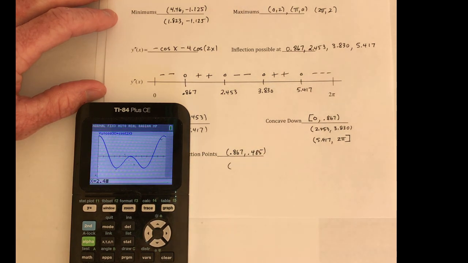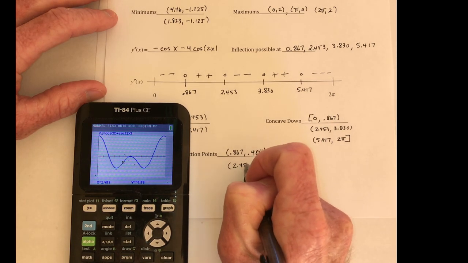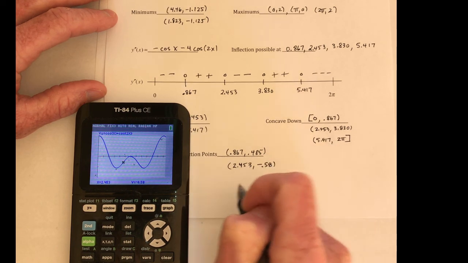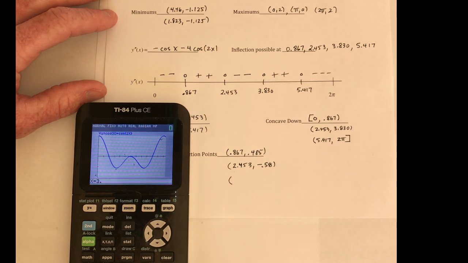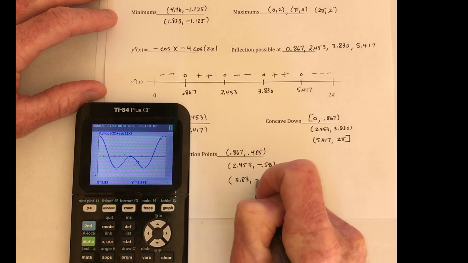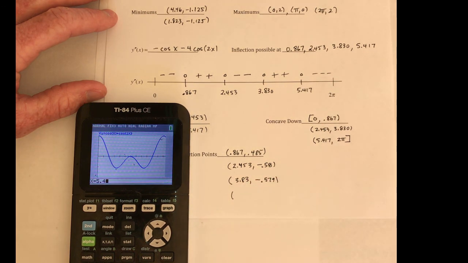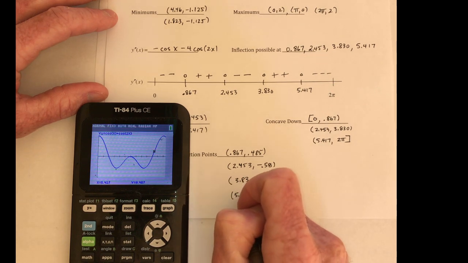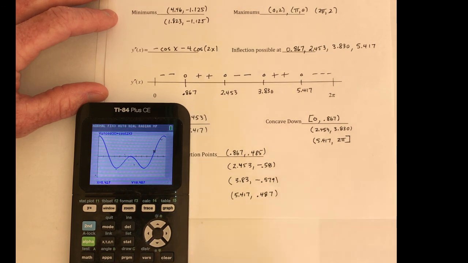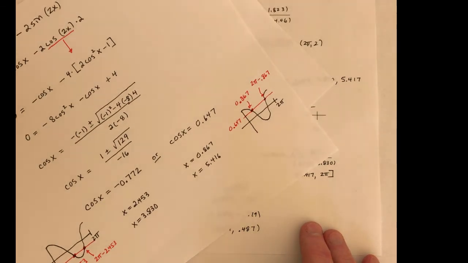And then the next one, 2.453, comma, negative 0.58, and then 3.83, and the y value, negative 0.579, and then the last one, 5.417, and the y value is 0.487.